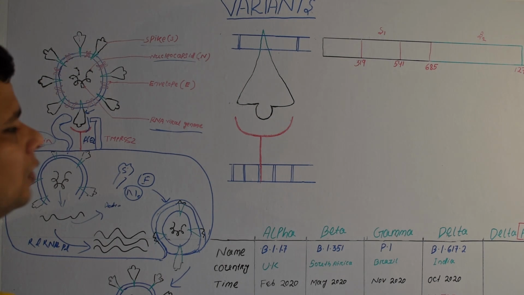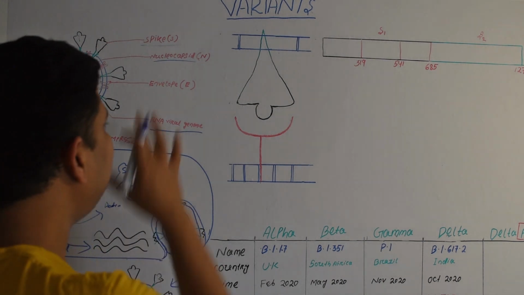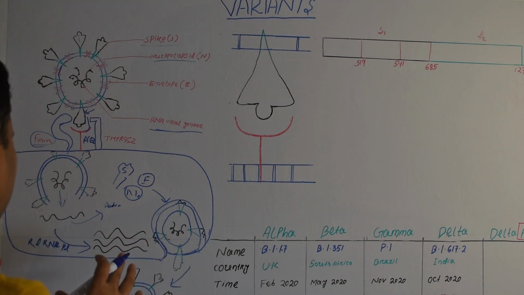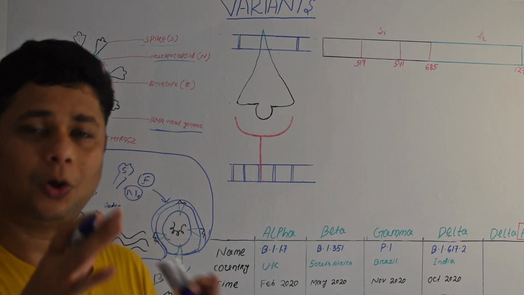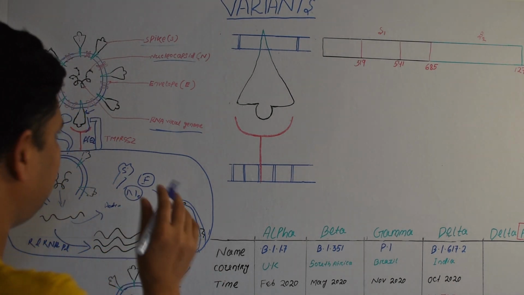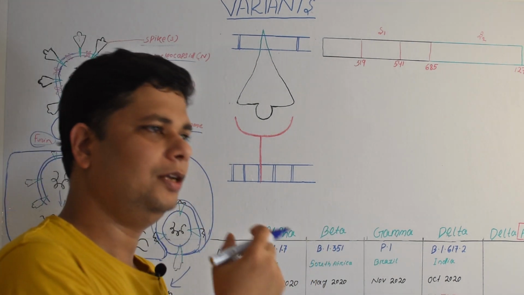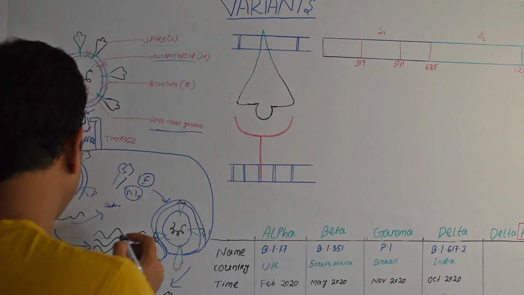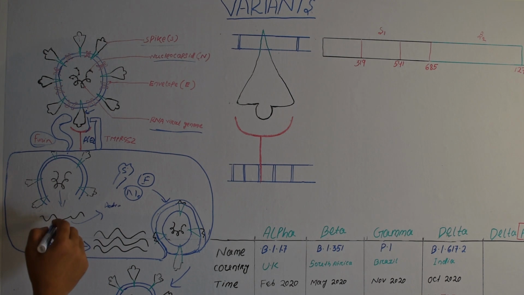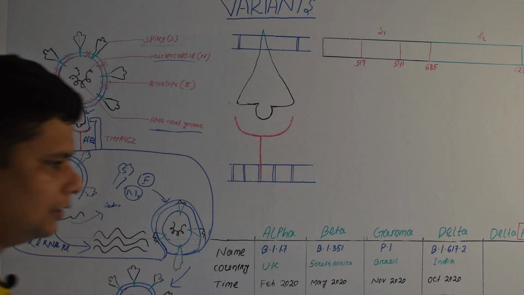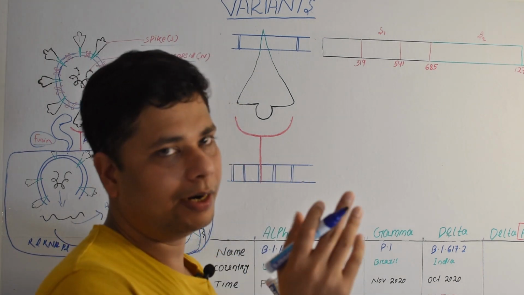So this is the whole life cycle of a coronavirus, and in this life cycle there are chances that there will be some mutant viruses. So where are the chances? First we'll see why the chances are there for mutation. Because RNA is the genetic material of the virus, we'll make two considerations, DNA and RNA.